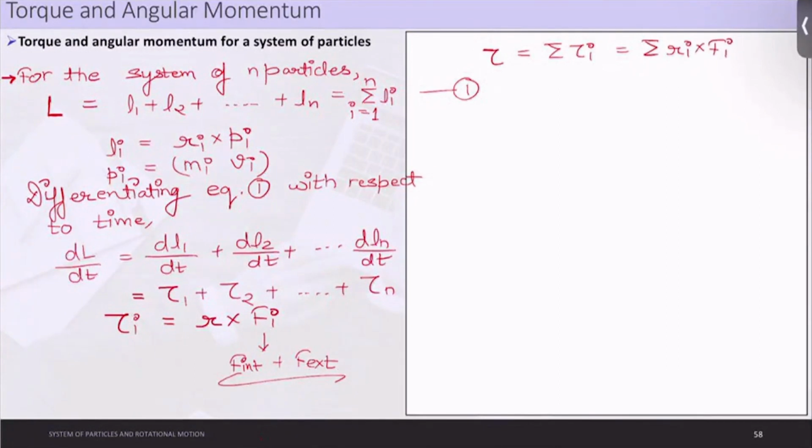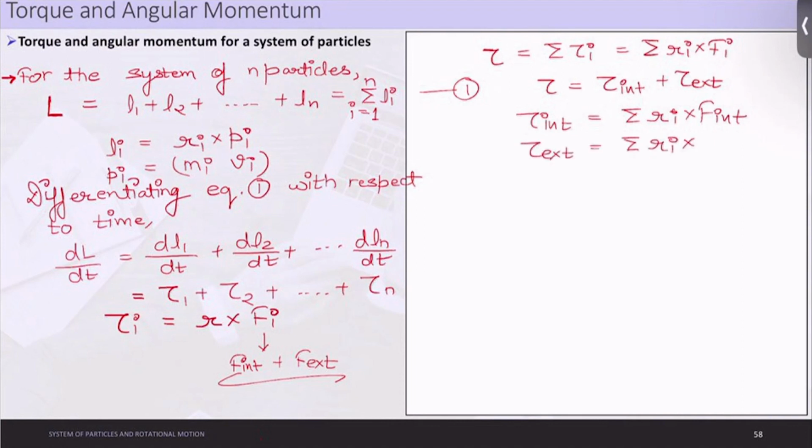But here tau i is basically equal to tau internal plus tau external, where tau internal is the summation of ri cross F internal, and tau external is the summation of ri cross F external. Simple mathematical input, nothing complex here till now.